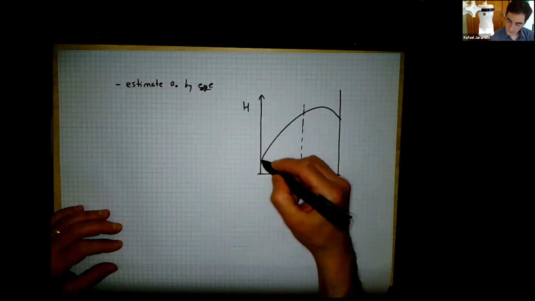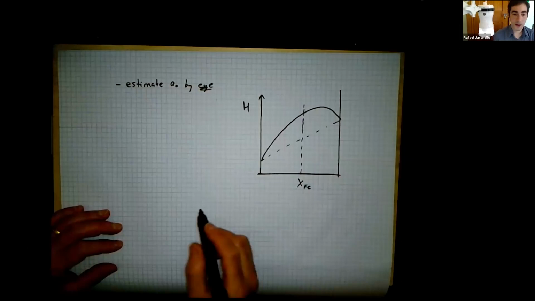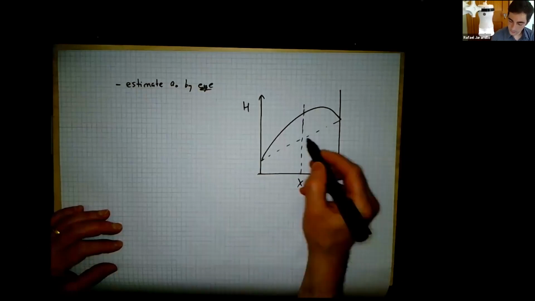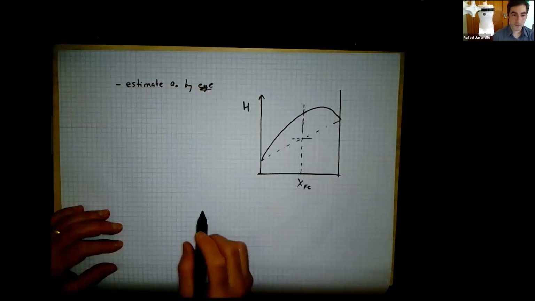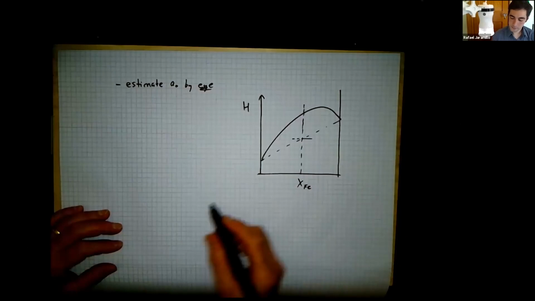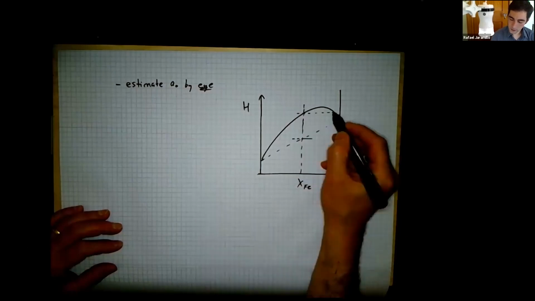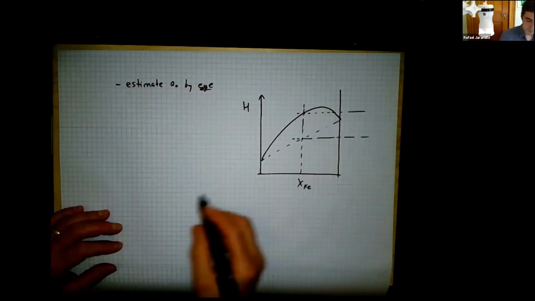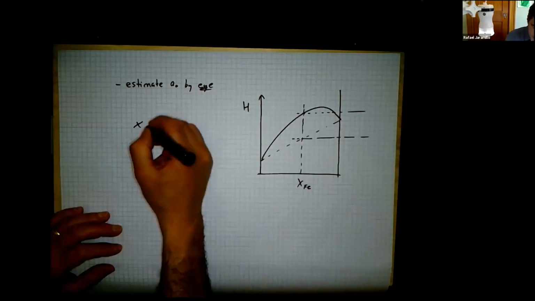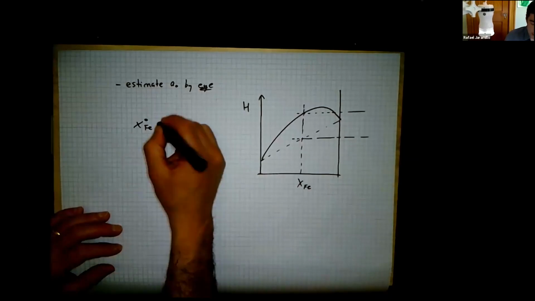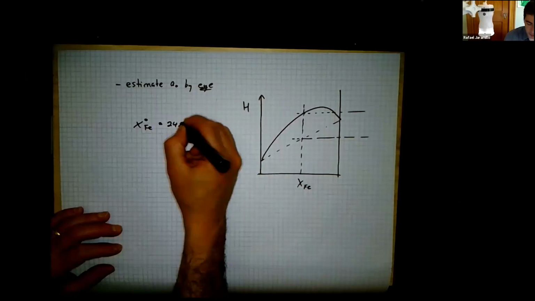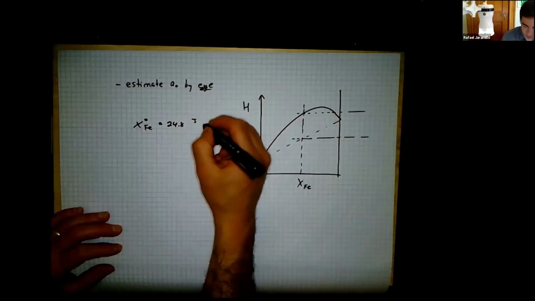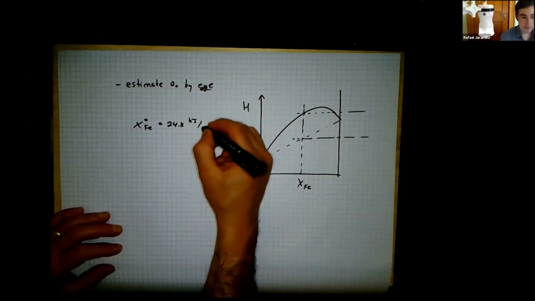The straight line connecting those two endpoints is what? H naught of iron. I'm going to read that off. That's about 24.8 kilojoules per mole. We read that off the plot.